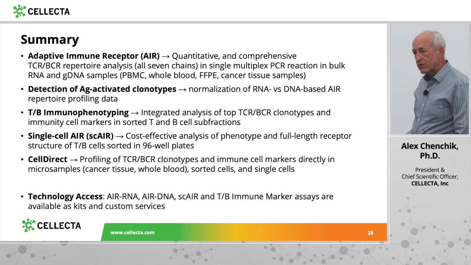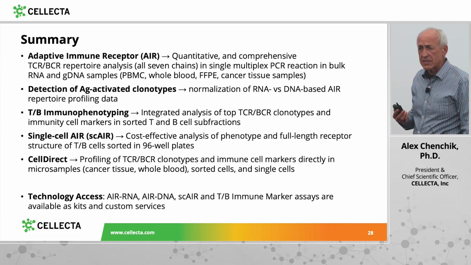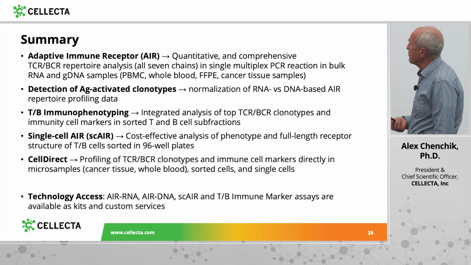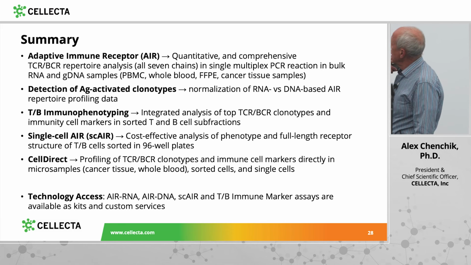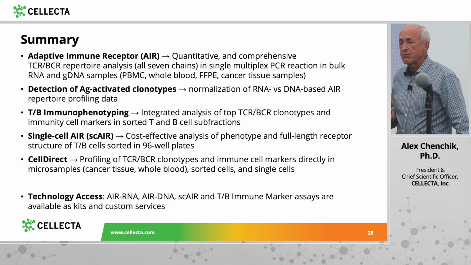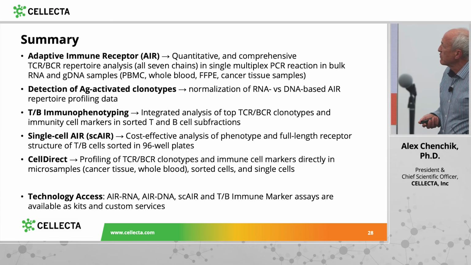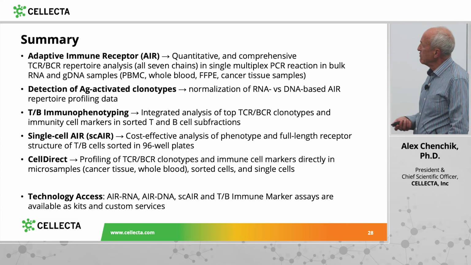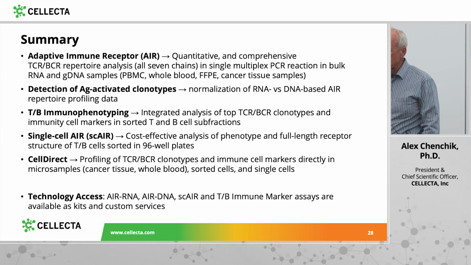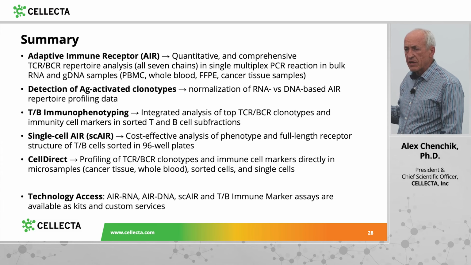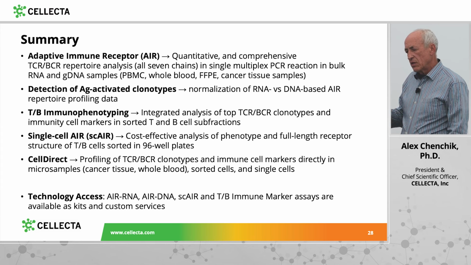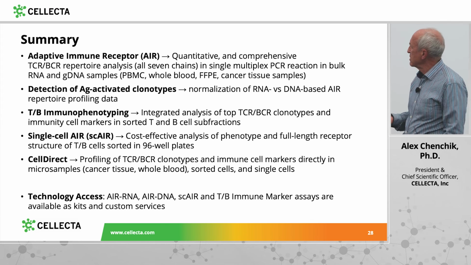And I would like to summarize what we discussed today in my short presentation. First, we discussed development of an adaptive immune receptor profiling assay, which is designed for bulk profiling, from comprehensive profiling of all 7 chains in single multiplex PCR reactions, and can be run from RNA or DNA. We discussed a simple strategy for detection of antigen-activated clonotypes by comparison of the RNA and DNA, rRNA and rDNA data.